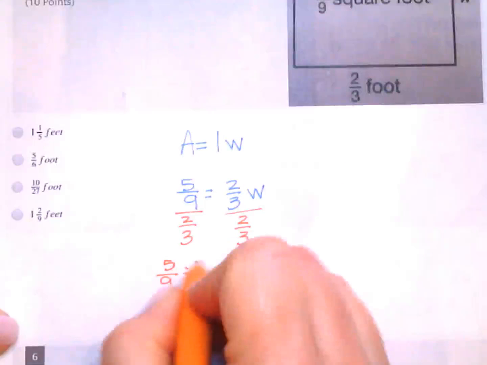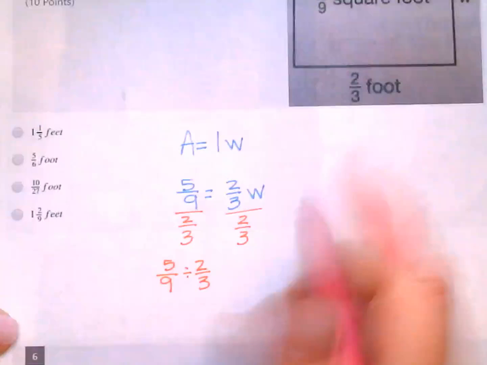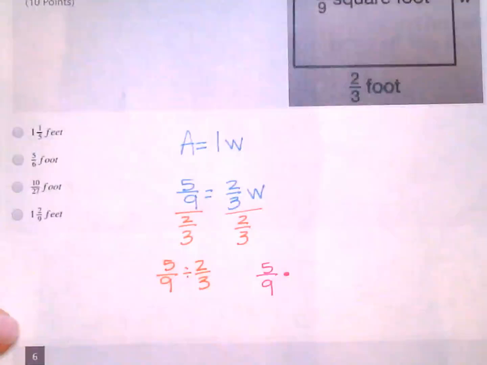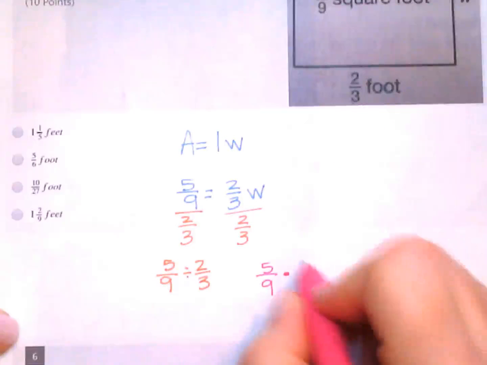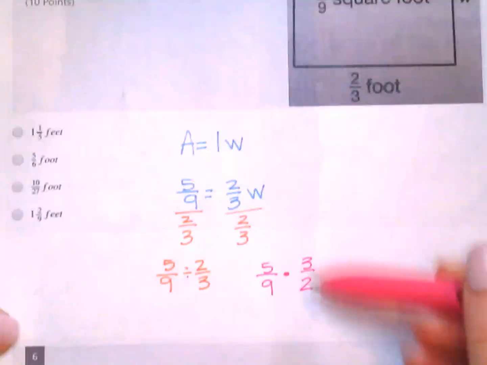5/9 divided by 2/3. If you remember when we did this unit, we keep the first fraction, change the division into multiplication, and flip the other fraction over to make its reciprocal. When we do that, I always told you to simplify before you multiply. So we look top to bottom.